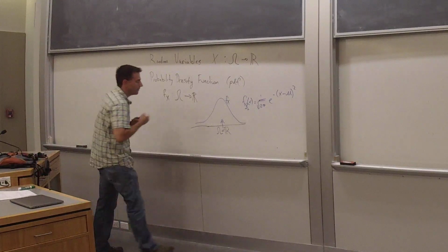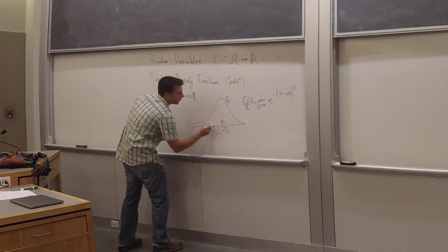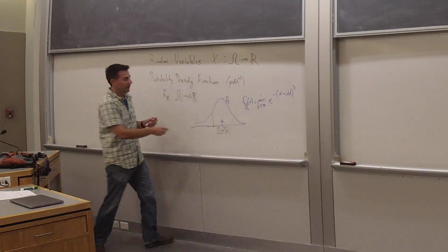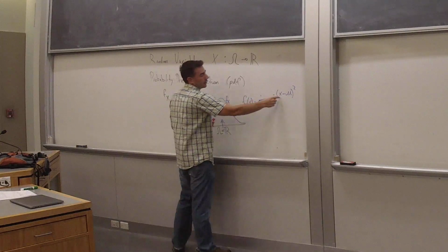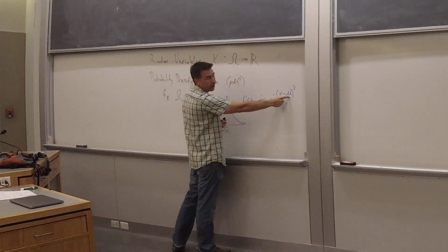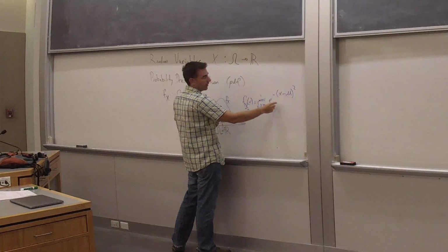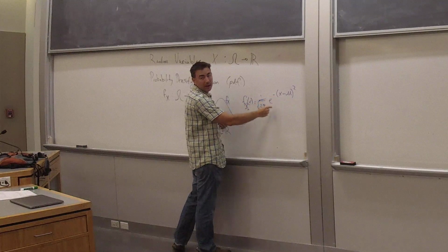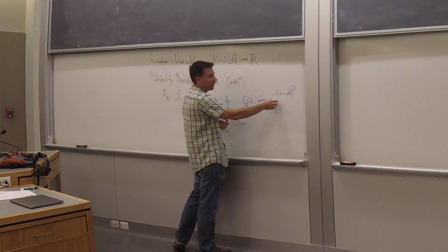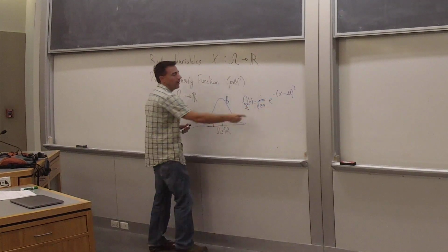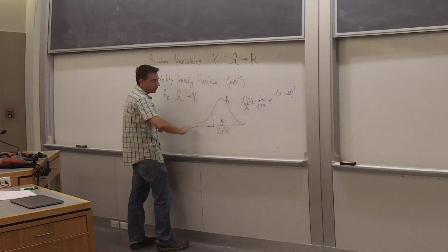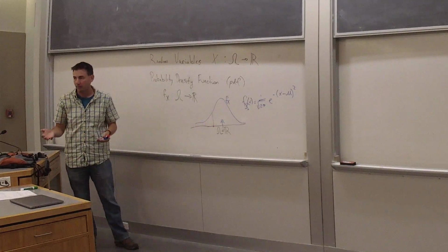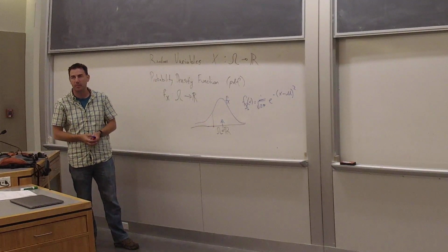If I evaluate it at a spot here, the height function is going to be this value. The highest value is when this term is 0, x is equal to mu. Then e to the 0 is just 1, and I just have this coefficient. If I integrate over this function, the area under the curve is exactly 1, which is what I need for probability.